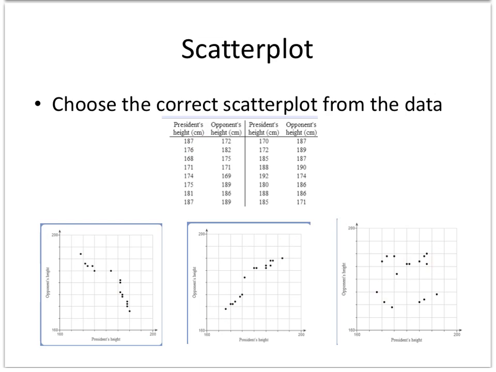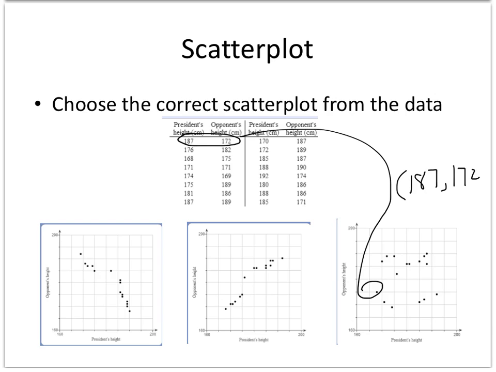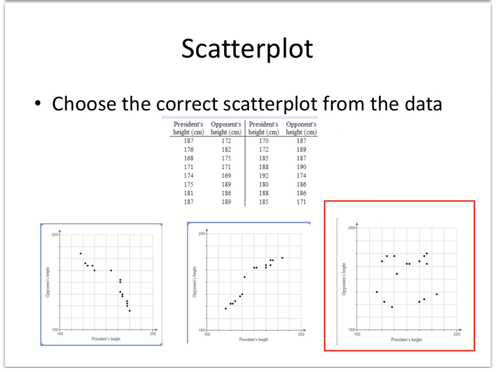In other words, they're kind of all over the place, but each one of these specifies a data point. In other words, this is the point 187, 172, the XY point, and so it would make sense for the correct graph. And of course you could go through and check each one of these.